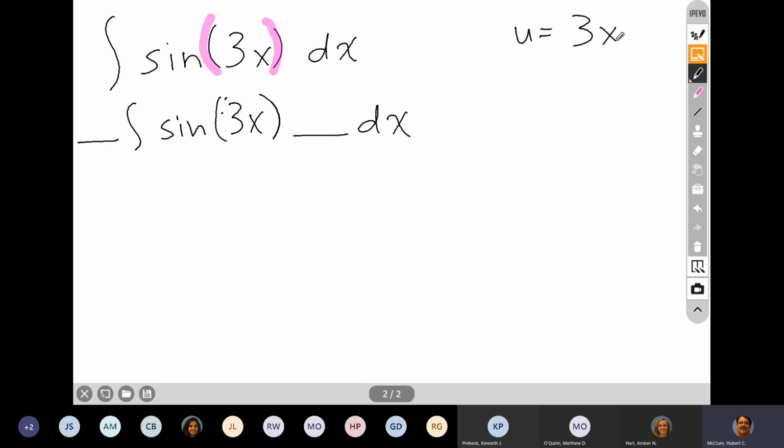If you have a sine squared or cosine squared times sine or something like that, then yes, that's a different animal. This is a cat, that's a tiger, okay? So when you have parentheses and you just have a sine to the first power, you're going to use the 3x. So du is equal to what?